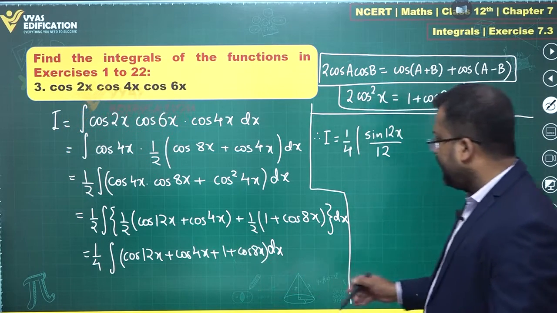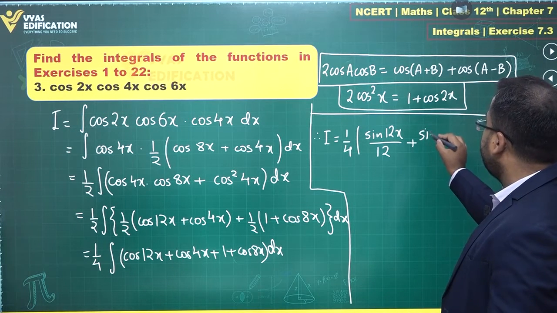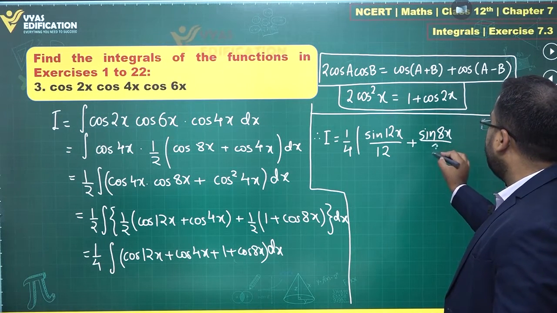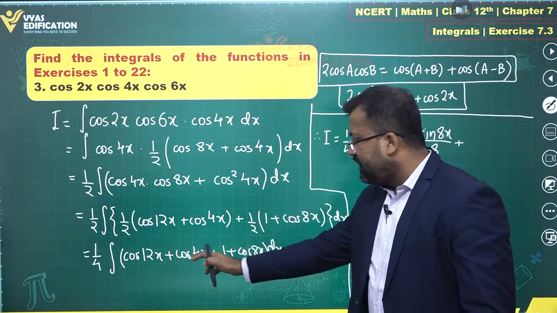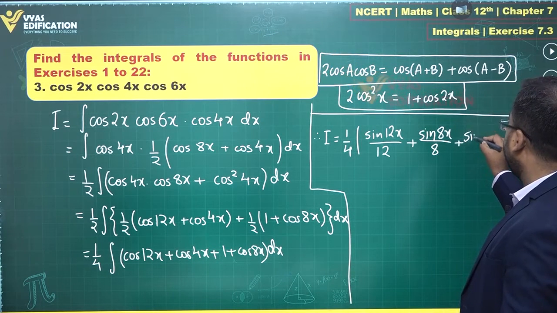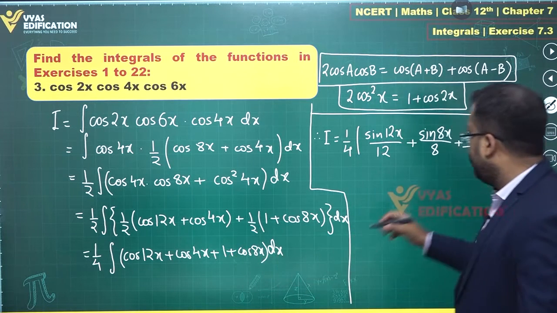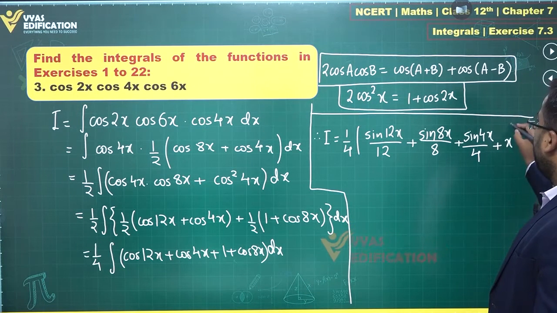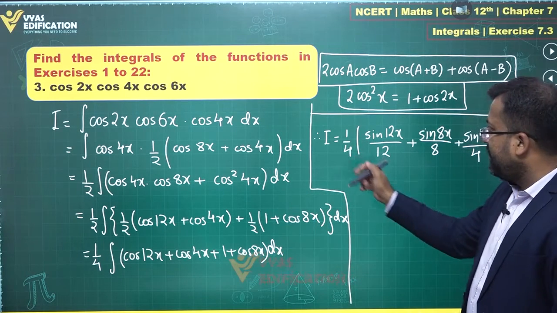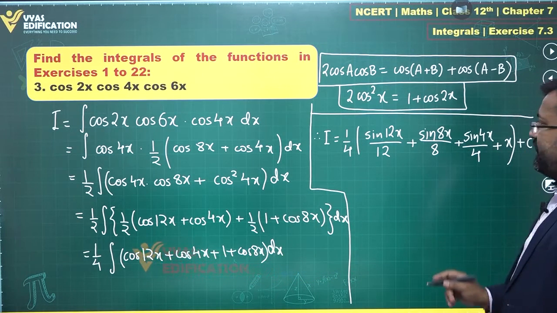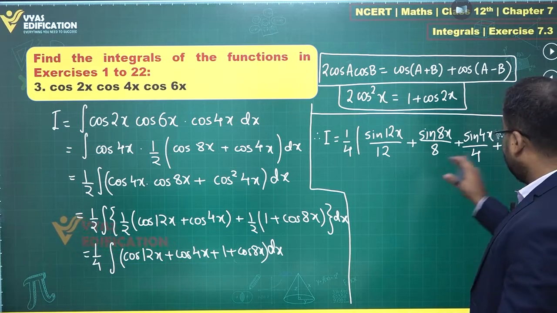These are all in addition. This will become sin 8x upon 8. The next term will be cos 4x, which will convert to sin 4x upon 4, and this 1 will convert to x. Oh, that's a complete expression. Yes, 1 by 4 is outside, and you'll add a constant term over here. That is my final answer.